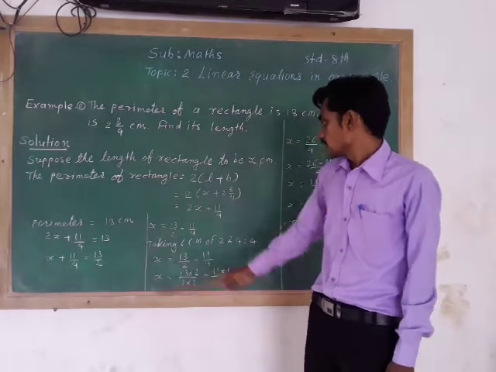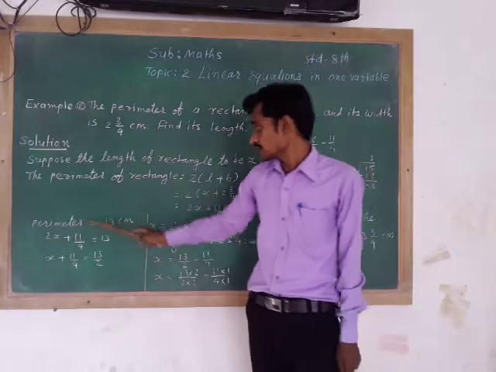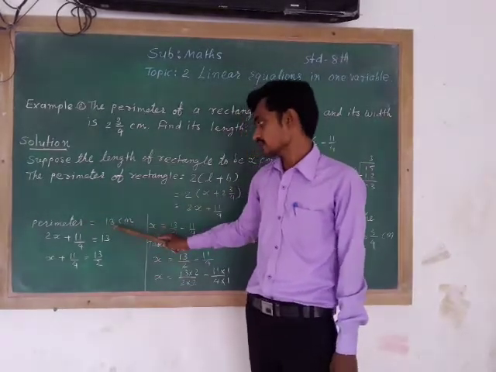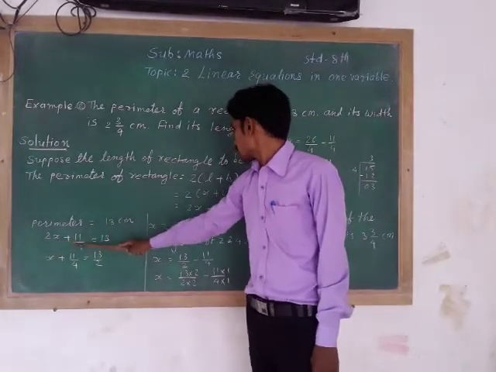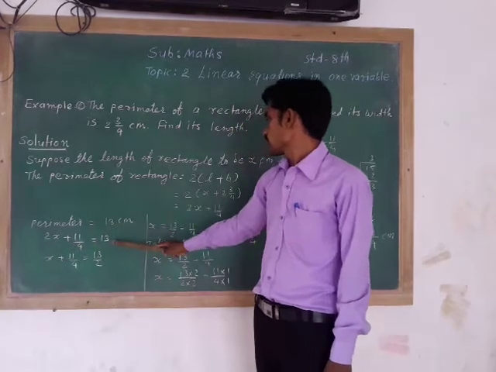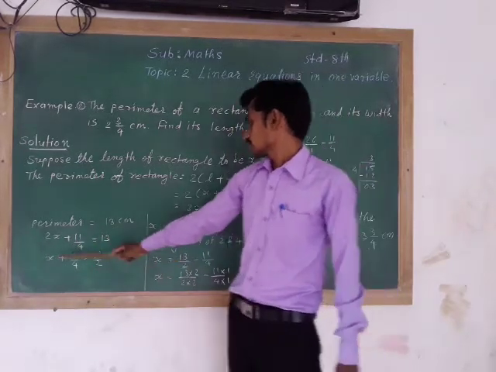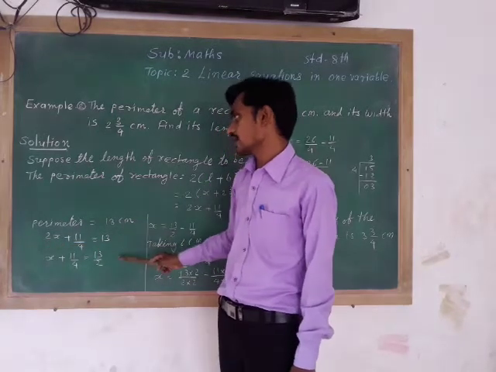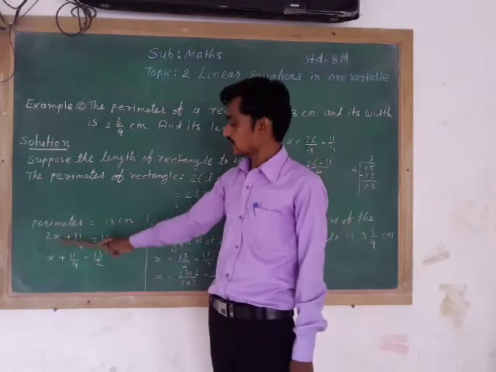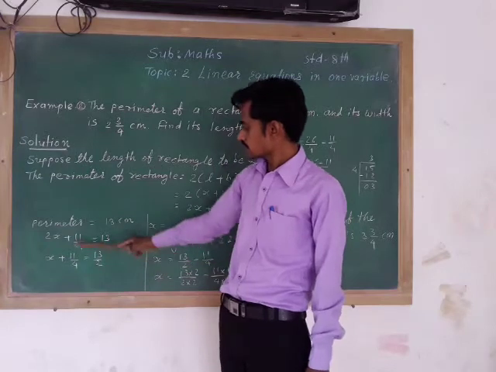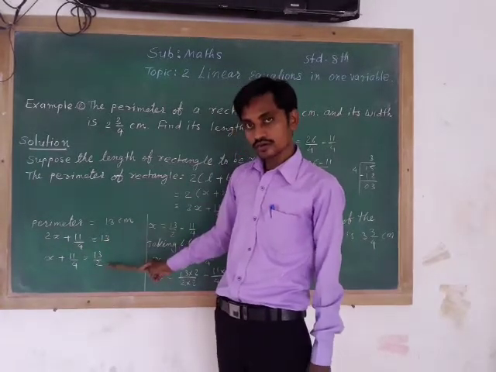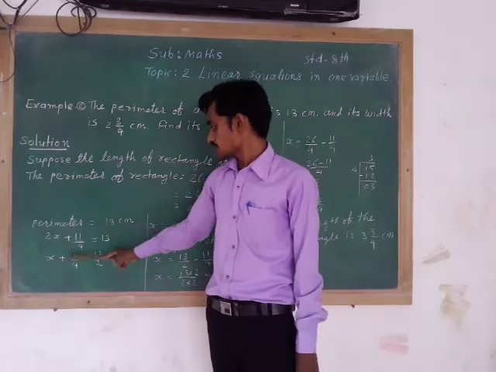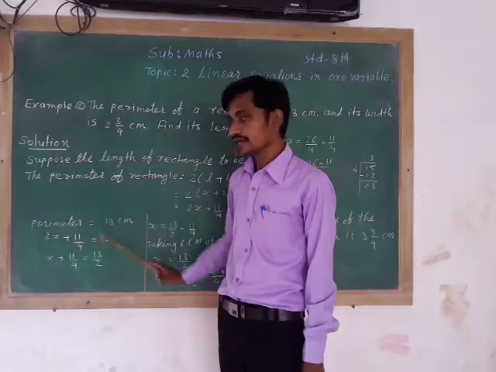Okay, so the perimeter is already given. How much is given? 13 cm. So 2x plus 11 by 4 is equal to 13. Okay, see here now 2x, we take it to RHS. Okay, 2 divides. So x plus 11 by 4 is equal to 13 by 2.